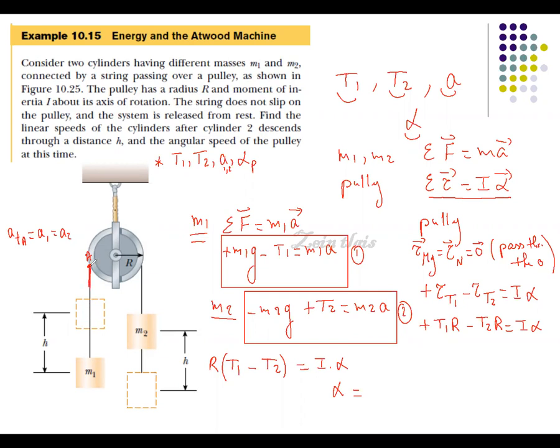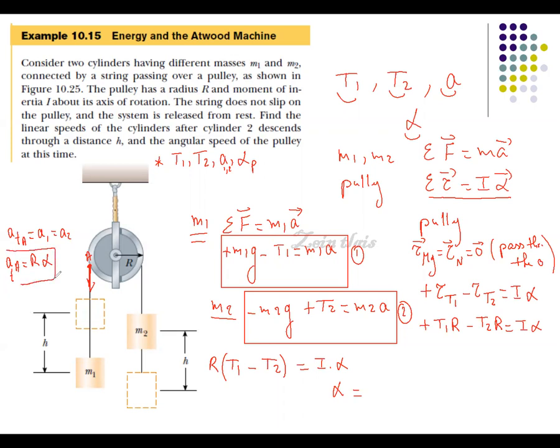So we have the same acceleration for this point and the mass M1. We can say directly A of the point A equals R times alpha, the relation between A tangent and alpha.